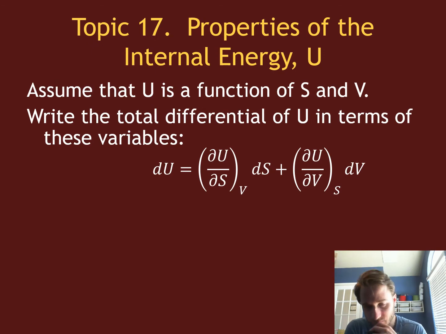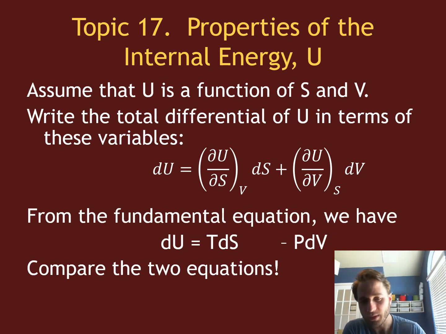So what can we use this fundamental equation for? Well, we had dU in terms of dS and dV. So if we think of U as a function of entropy and volume, we can write the total differential of U as (∂U/∂S) dS plus (∂U/∂V) dV.